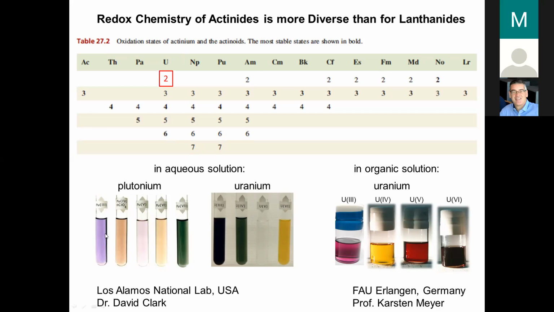So whenever you look online for actinides, for plutonium, or for uranium specifically, there's no way you will not run across these two pictures we have here on the left side. And as they are usually not referenced to anything, I can tell you I've talked to Dr. Dave Clark from the Los Alamos lab, and he assured me that these pictures were taken at Los Alamos, and he had been involved in having them taken.